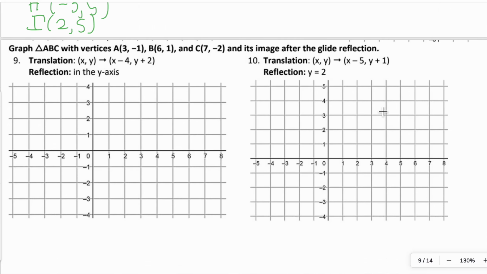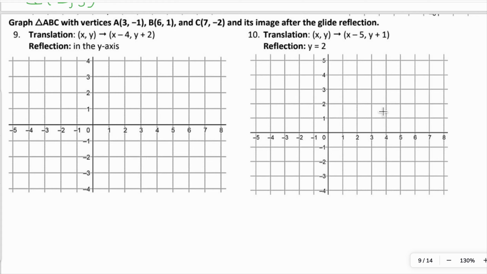Okay. Now we're going to talk about reflection and a translation. Graph ABC with the vertices 3, -1, 6, 1, and 7, -2, and then its image after the glide and reflection. So 3, -1 is A, 6, 1 is B, and 7, -2 is C. For these, I'm going to show 2 colors.